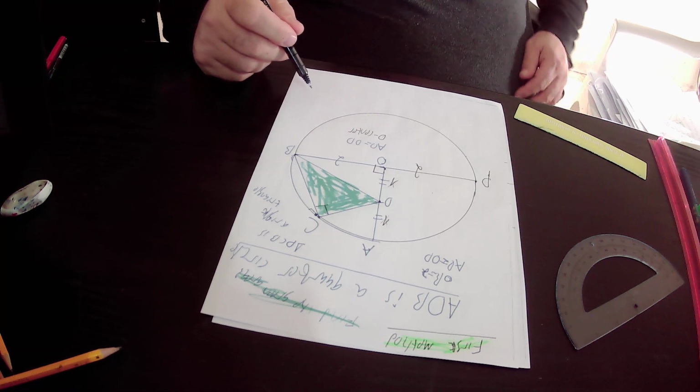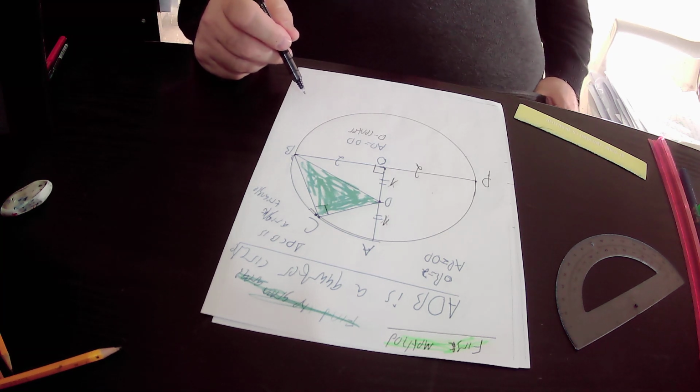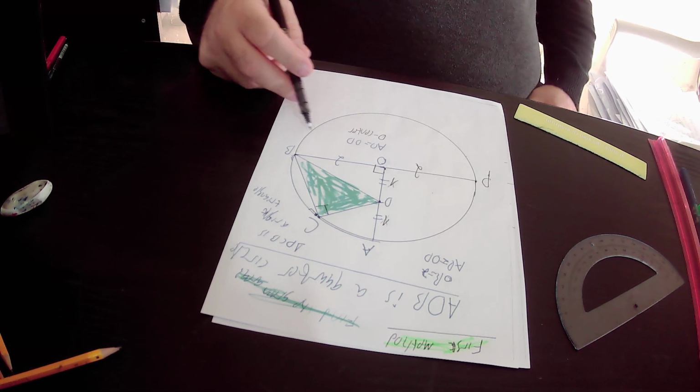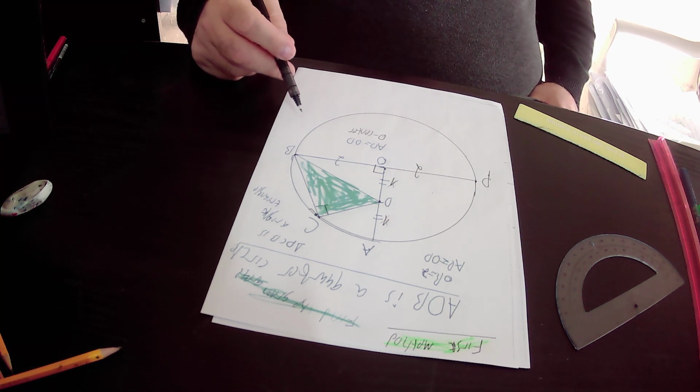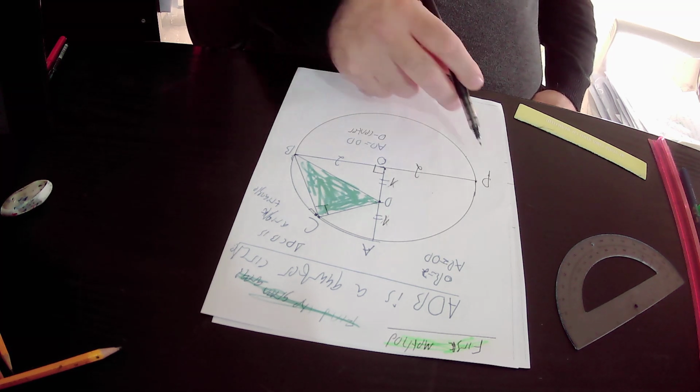So actually we extended the radius BO by a straight line, so when you extend a straight line by a straight line, you will get a straight line, so BP is a straight line.